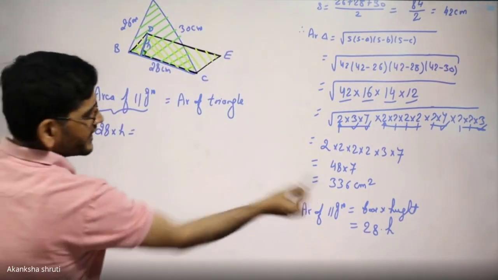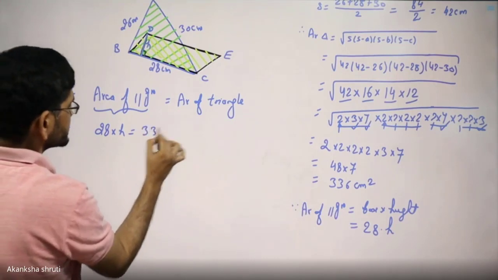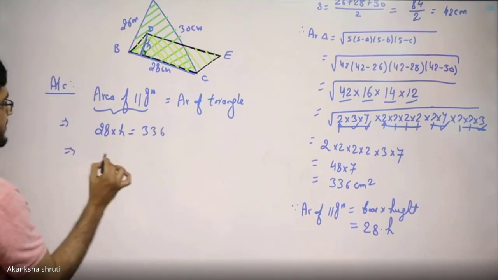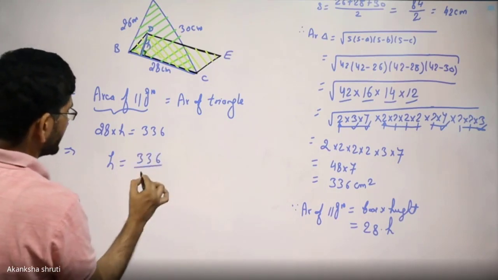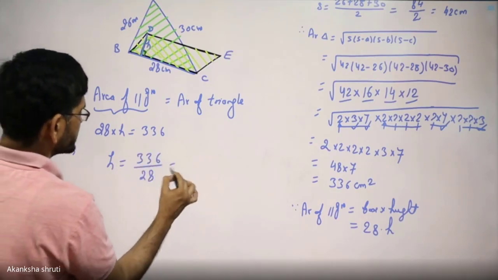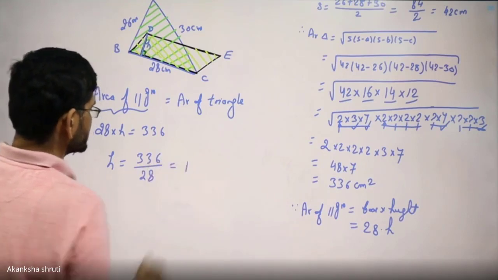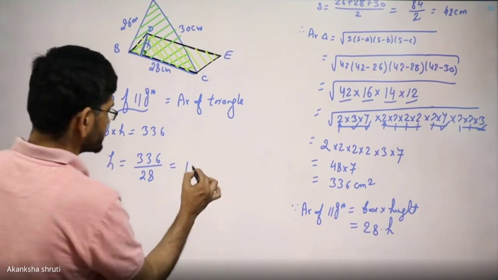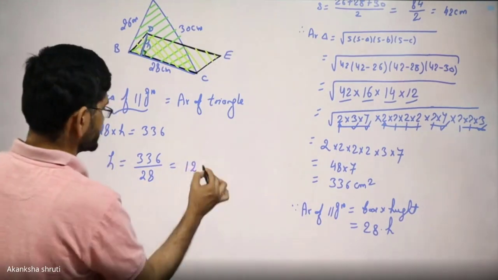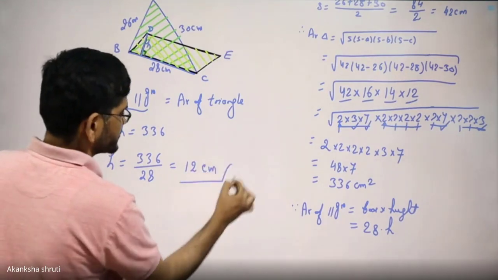This value will be 336. So what is our h? It is 336 divided by 28. You please go for dividing. 28 ones are 28. We are left with 5, it becomes 56. So 2s are 56. So 12 centimeter is the required answer.